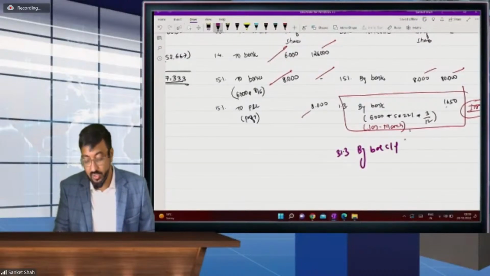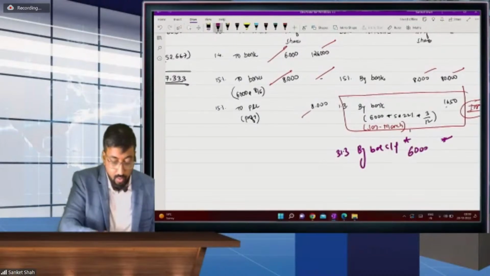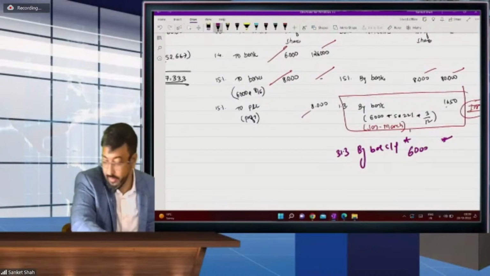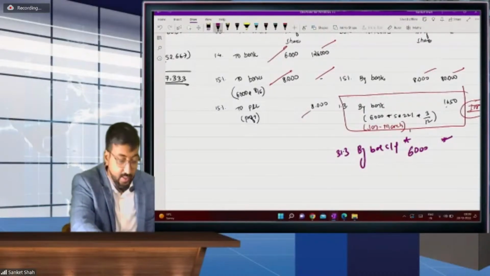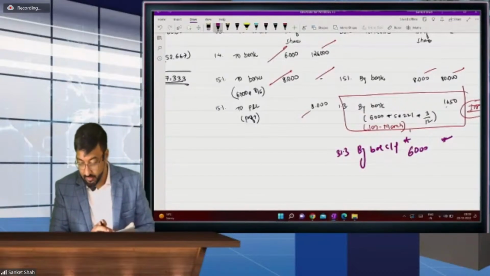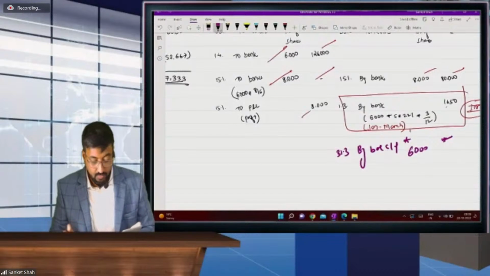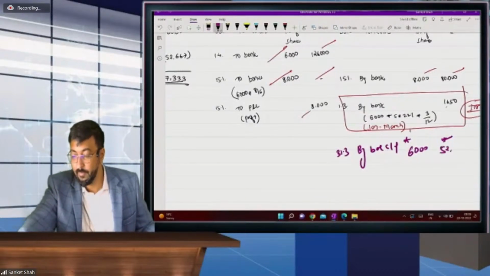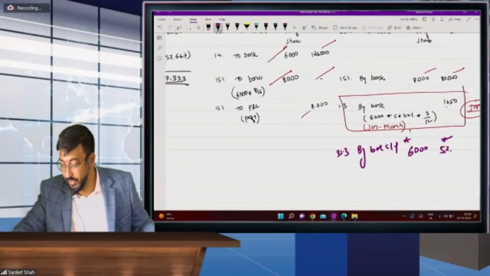So this question is not very easy question. 6,000 and 126 plus 8 minus 80 minus 1.65. That is, I'm getting 52,350. I'm getting the answer.